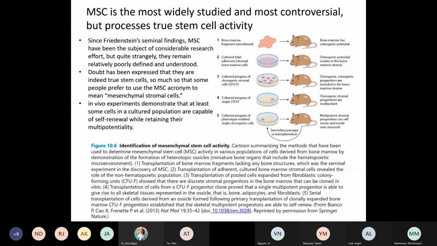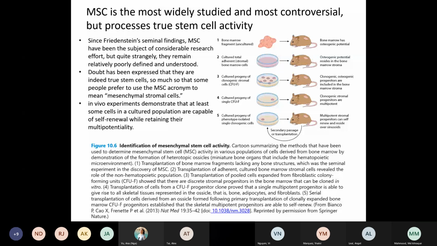So you put bone marrow there, you have bone. So bone marrow has osteogenic potential. That's the conclusion there. And then they try to find a subpopulation. What they did is they cultured the total bone marrow on a culture surface, but they only collected the adherent cells.